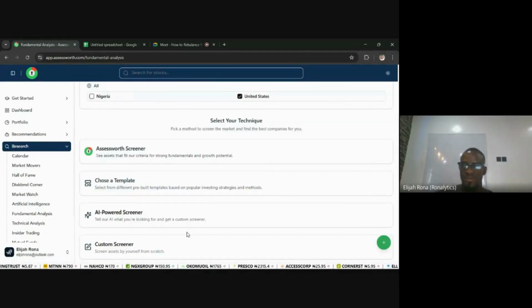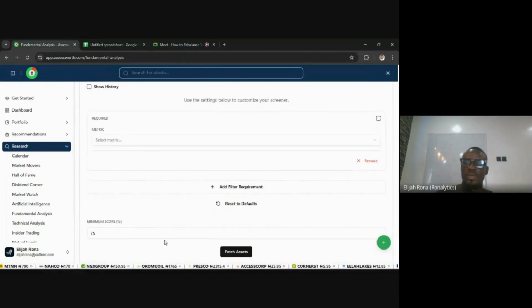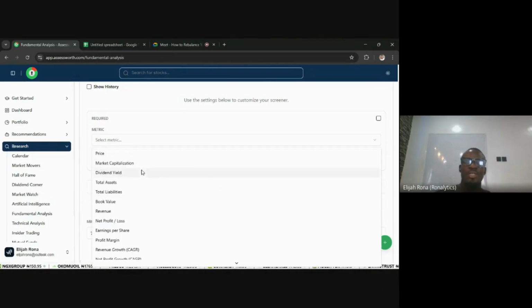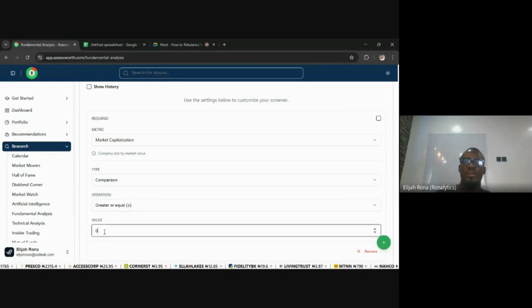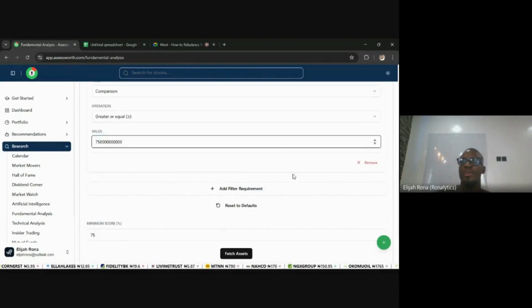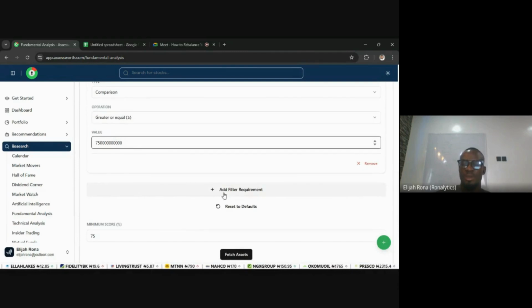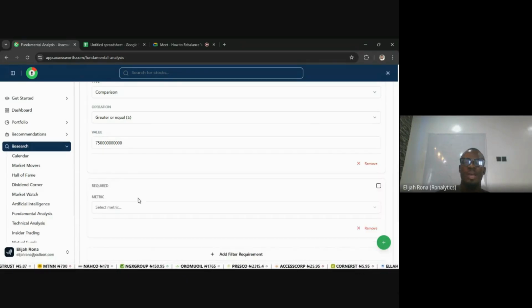Now, if you already have some things to consider, maybe you want companies with market capitalization greater than 750 billion, so comparison greater than or equal to 750, thousand million billion. Then you also want their price to be less than 100. So add another.